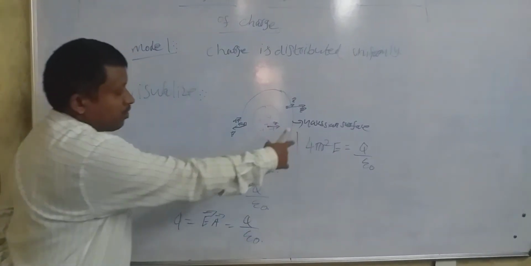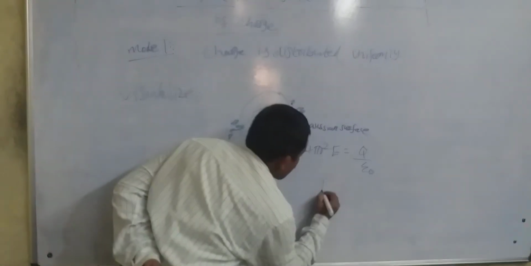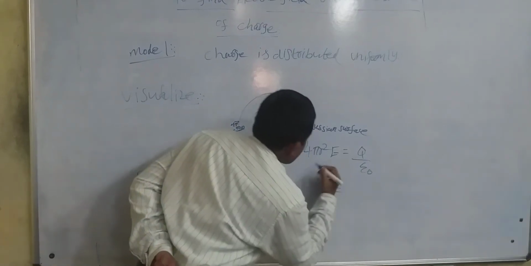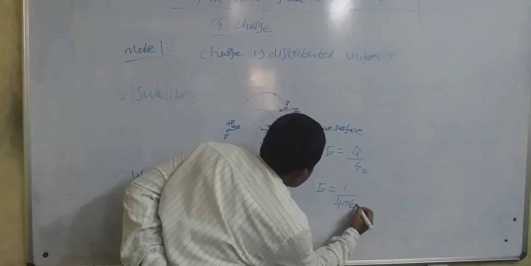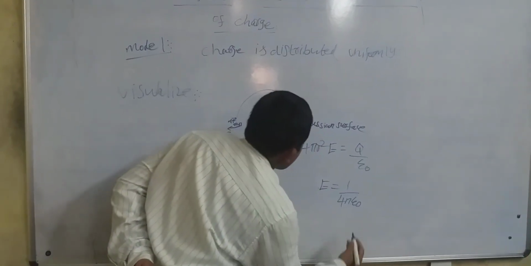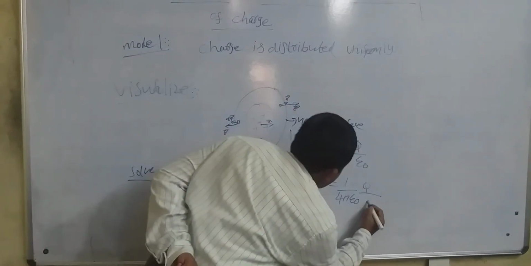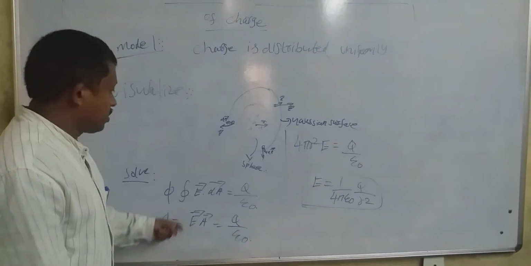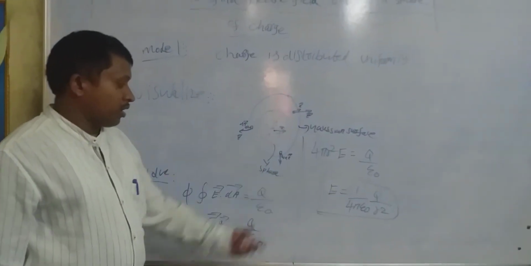Then we can easily find the electric field E. E is equal to 1 divided by 4 pi epsilon 0 times Q divided by r squared. This is the electric field. We can easily solve it by using Gauss's law with the symmetry model.